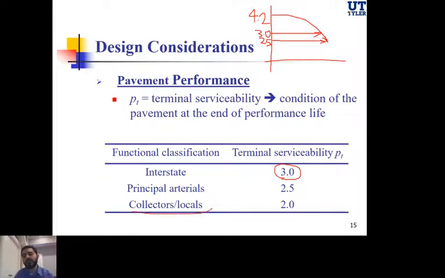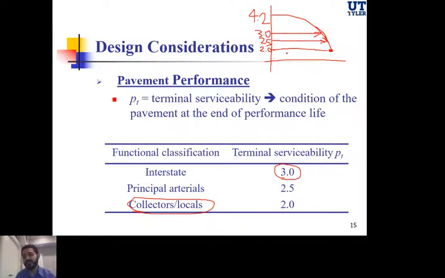If it's a collector or a local street like Varsity Drive or Patriot Drive, I can wait all the way to 2 as the terminal serviceability. So this graph, I can allow it to degrade all the way to 2, nothing less than 2.